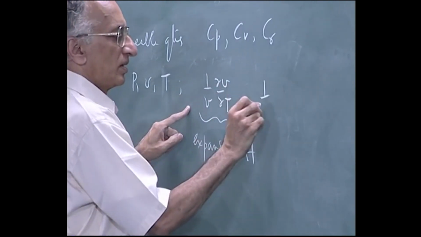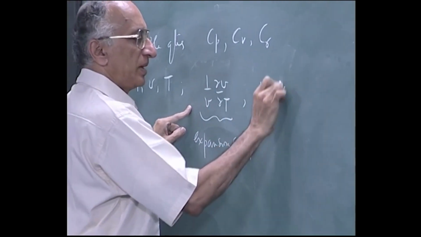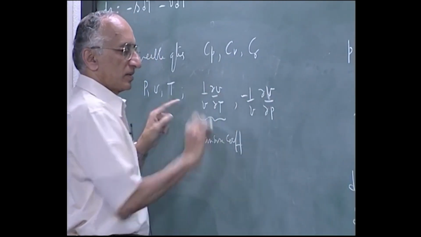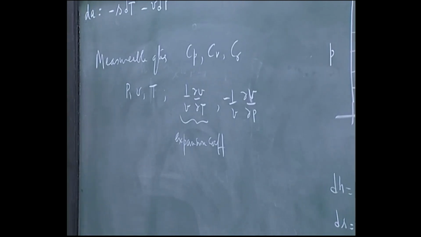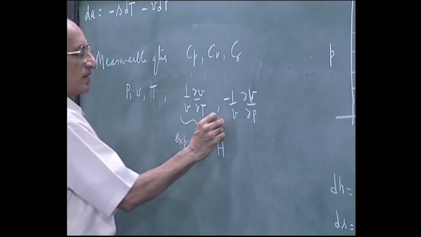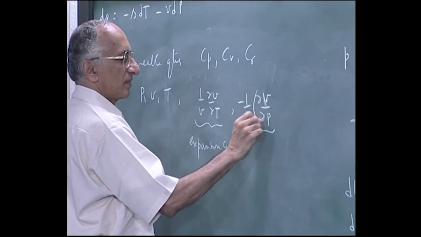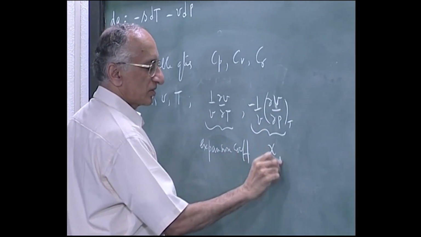And 1 by V dou V by dou P, since volume always decreases as pressure increases, minus of it is a positive quantity. So with the minus sign, this constant T is called the isothermal compressibility.